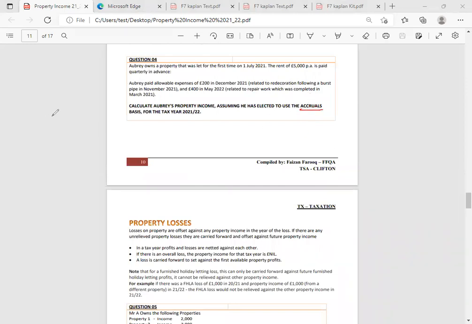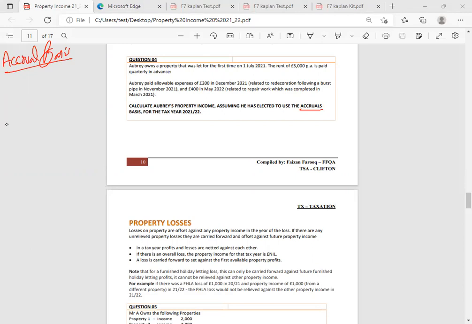Aubrey paid allowable expenses of £200 in December 2021 related to redecoration following a burst pipe in November 2021, and £400 in May 2022 related to repair work which was completed in March 2021. Calculate Aubrey's property income, assuming he has elected to use the accrual basis for the tax year 2021 to 2022.